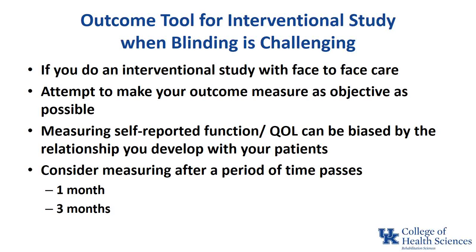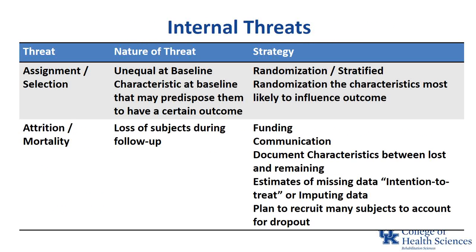If you really want to know about function and quality of life, then you might want to consider measuring that immediately, but then again at a later time point. That shows the lasting effect of your intervention several weeks or months down the road. And in orthopedic surgery, they have to look at 1 and 2 year or longer follow-ups to even often get published for some of their surgical interventions.